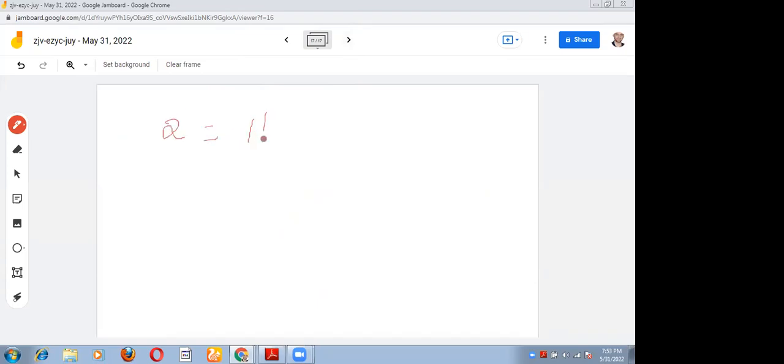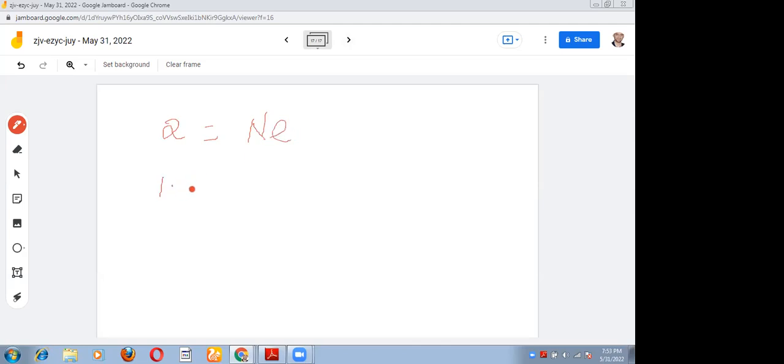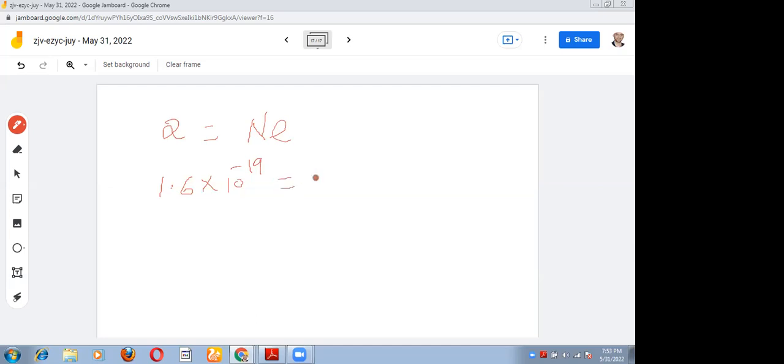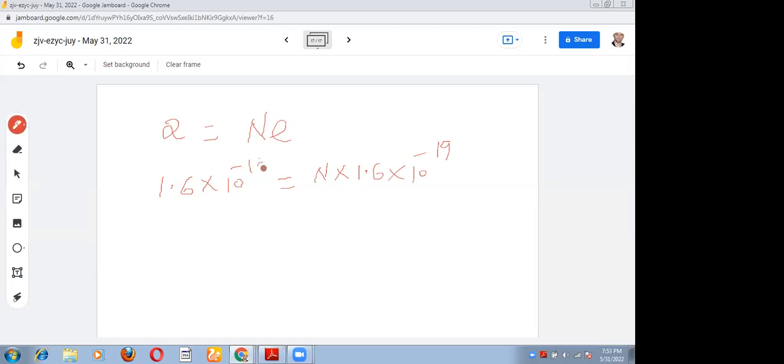The value of Q is N into E. We'll put the value of Q, and then we'll put the value of E, that is 1.6 into 10 to the power minus 19. Sorry, the charge is given as minus 10. Sir, it's 8 into 10 to the power minus 10, right?